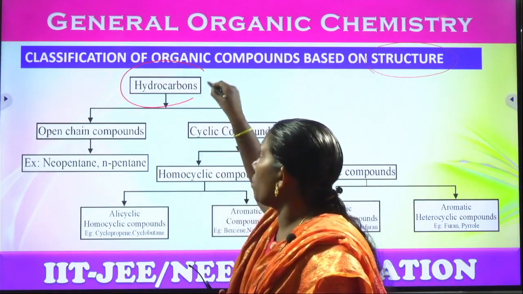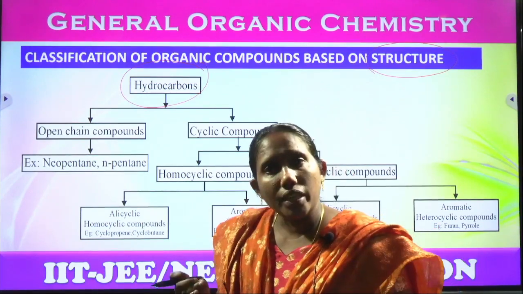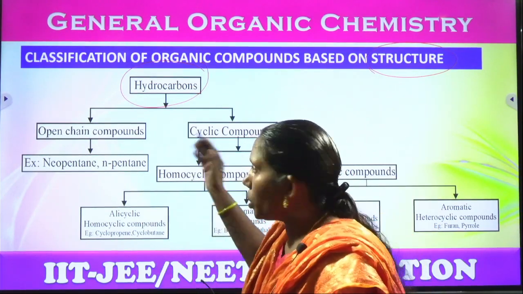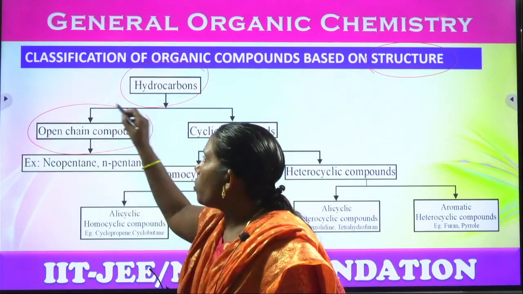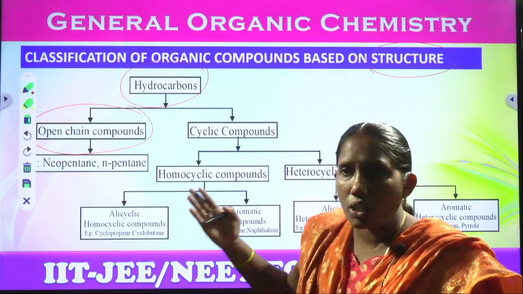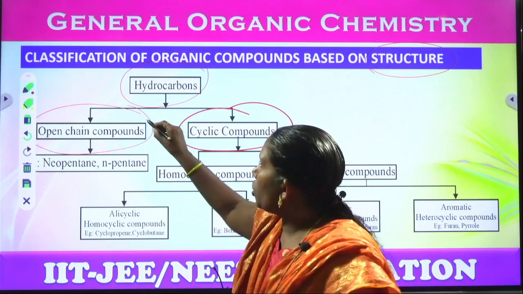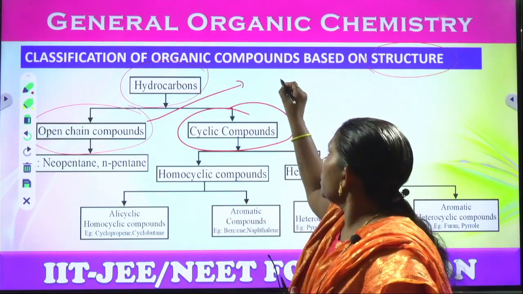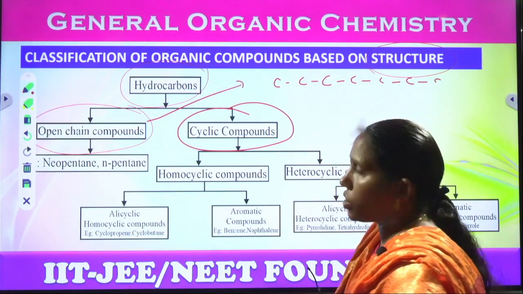So hydrocarbons based on the structure we can classify into two types. First one is open chain compounds. The second one is cyclic compounds. What do open chain compounds mean? The chain will be a straight chain.